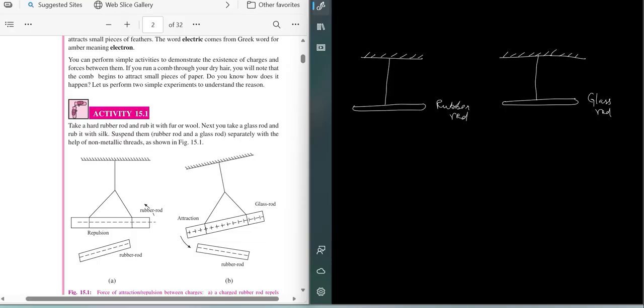That means the charge developed on the rubber rod and the charge developed on the glass rod are different in nature. By convention, scientists have said that when a rubber rod is rubbed with wool or fur, it develops negative charge on its surface. Similarly, a glass rod, when rubbed with silk, becomes positively charged.